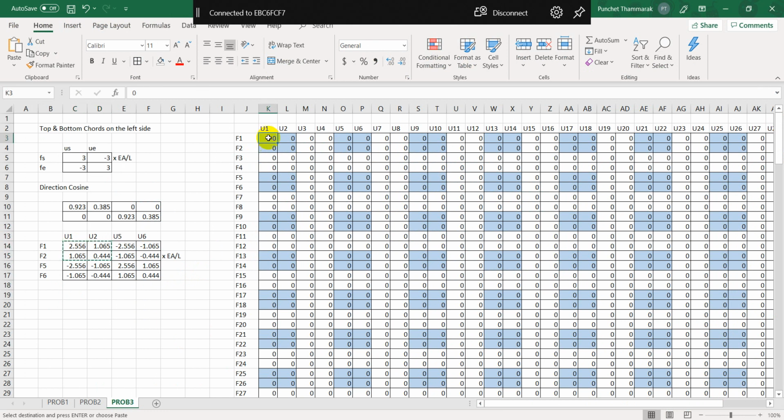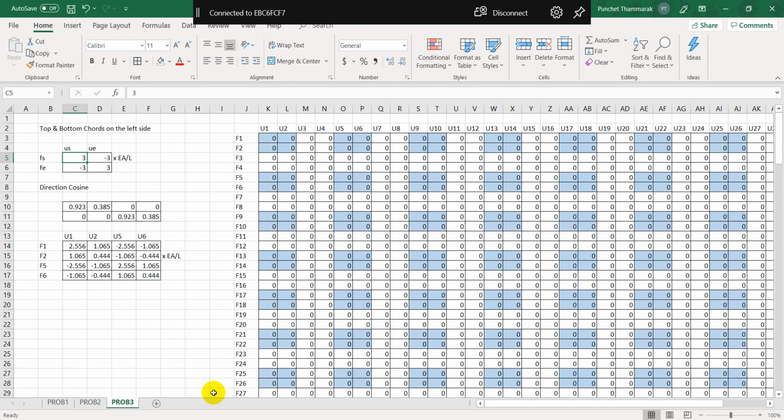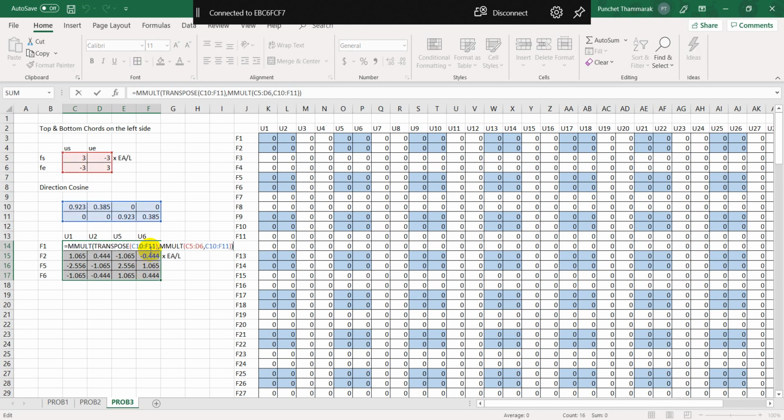Sir, what about the length of the bar? The length, I have not incorporated that yet. Sorry. Yeah, this is 13 divided by 4L. Okay, thank you. Well, one second. It is this one, right? So I just fix it in here.